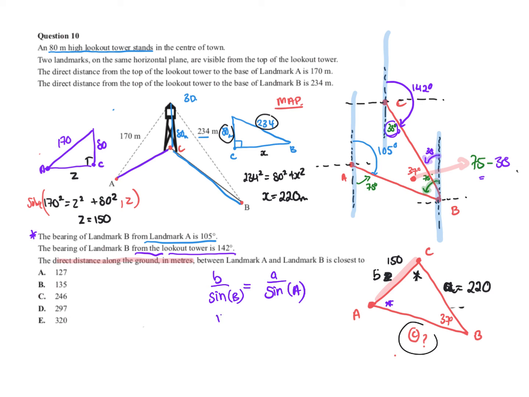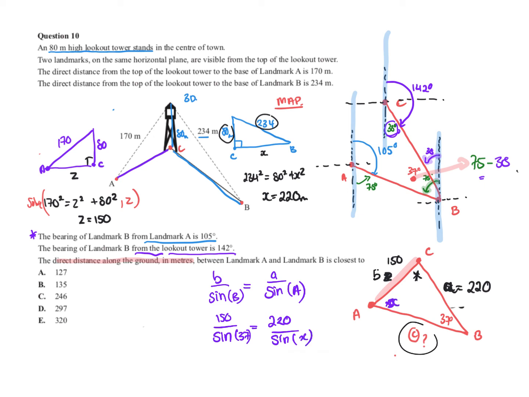So we've got 150 over sine 37 equals 220 over sine A, or I might call this one X here.